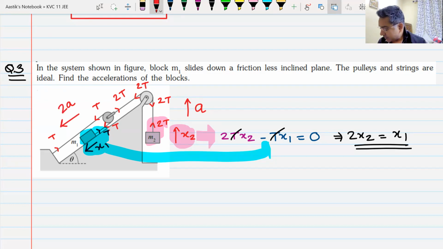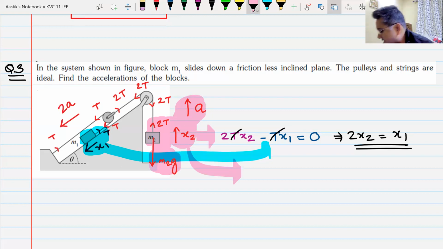So I will continue with this. The weight of this block is m2g downwards. Now I can write the pink equation of this block. Tension is 2T upwards. Weight is m2g downwards.